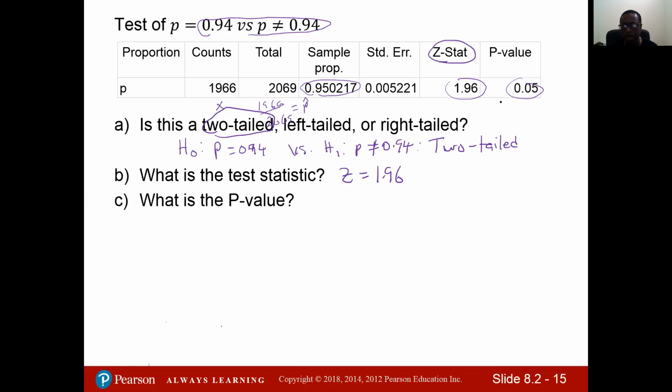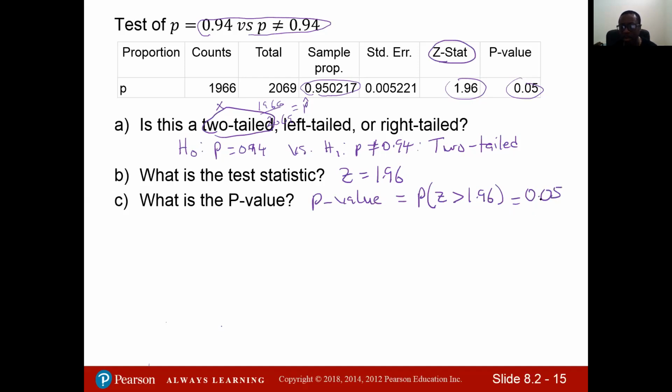Now, the p-value is usually calculated as follows. I calculate the probability that my Z score, because my test statistic is positive, is greater than 1.96.